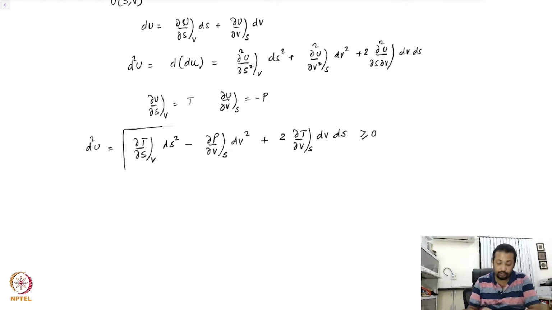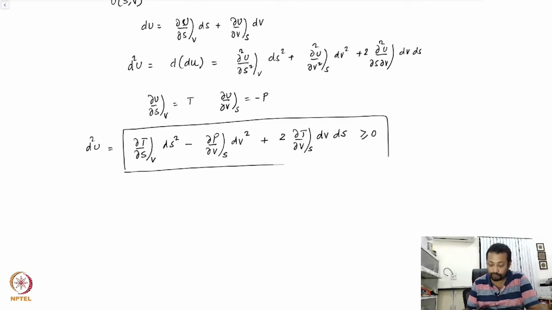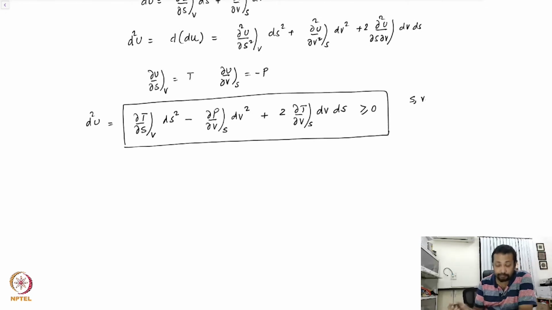So the question is, what restrictions does this give? This must be true for any arbitrary variation in S and V. But what does it really mean? For that, let's for a second step back and look at the following inequality: a x square plus 2 b x y plus c y square is greater than 0 for all real values of x and y.